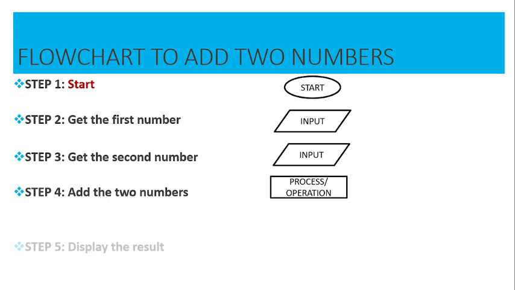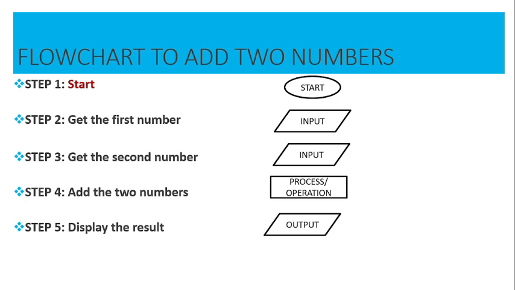After that, step 5, display the result. To display results, you use the same shape as the input, the same shape as getting input from the user, that is the parallelogram, to output the result for the user to see.